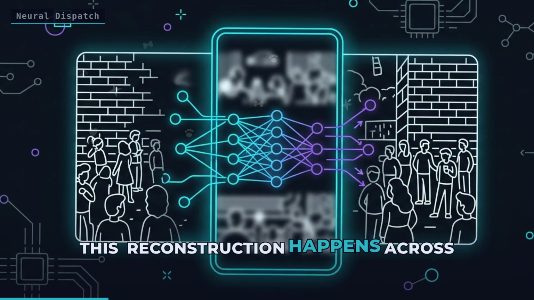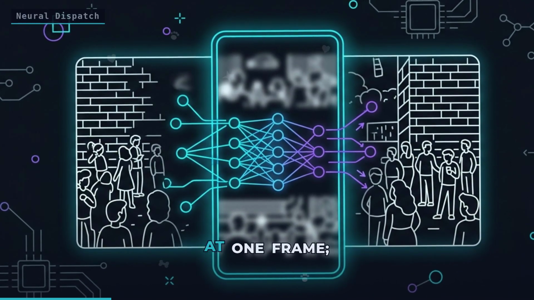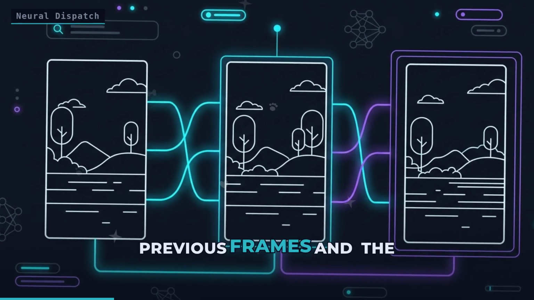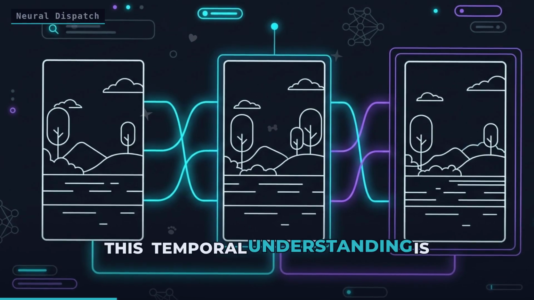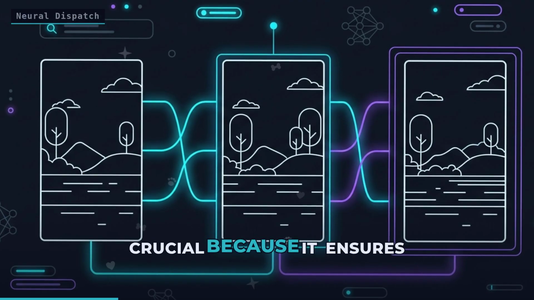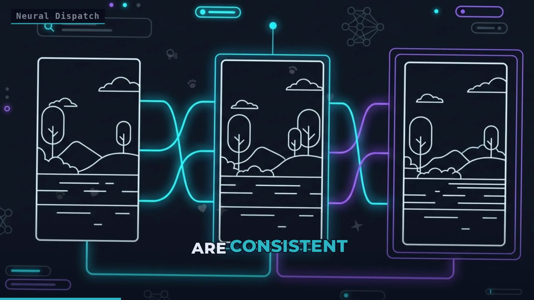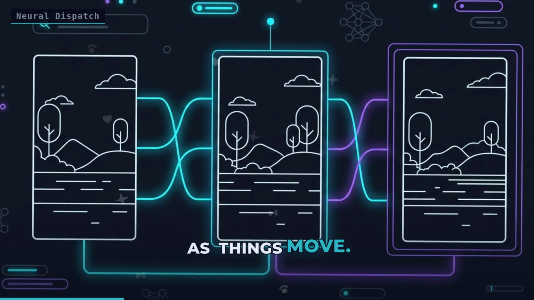This reconstruction happens across time as well. It doesn't just look at one frame, it considers the motion from the previous frames and the frames coming next. This temporal understanding is crucial because it ensures the generated parts of the video are consistent and don't flicker or look unnatural as things move.